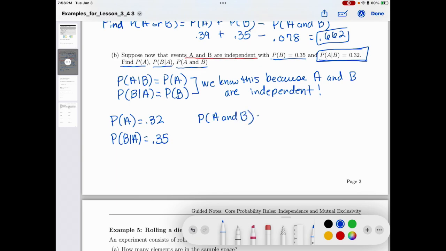Now, to find the probability of A and B, normally we would take the probability of A and multiply it by the probability of B given A has occurred.